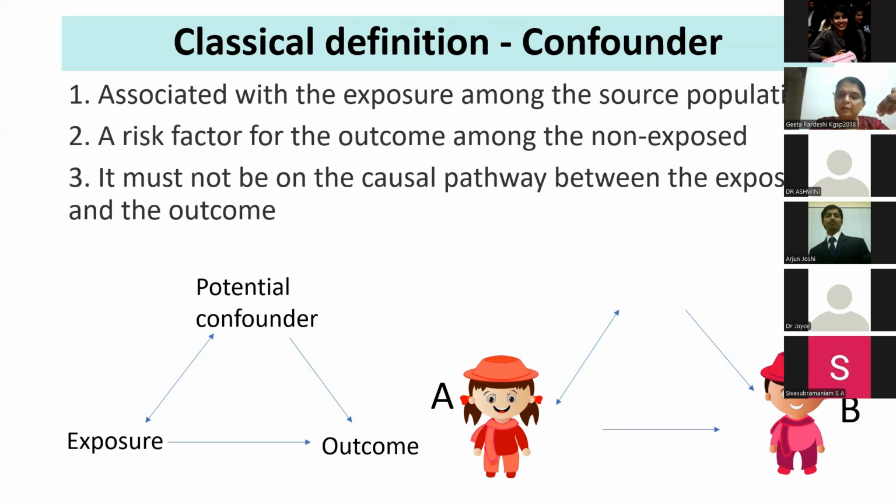The exposure is present, more likely that this variable is also present. This variable is also an independent risk factor for the outcome. It is known that it is a risk factor for the outcome. And the third criterion to say that the variable is a confounder is that it should not be on the causal chain from the exposure to the outcome.